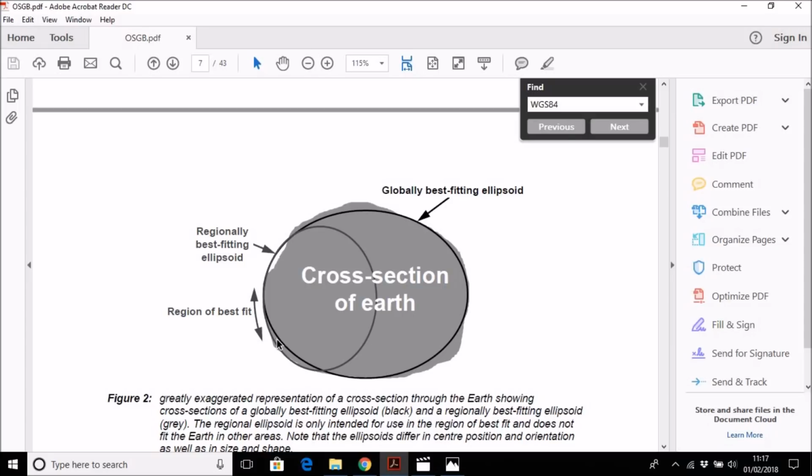Remember, what they're fitting to is the actual measurements made of the surface of the Earth. We're not building a shape and then trying to distort the actual measurements to fit onto it. It's the other way round. The measurements actually define the shape and the reference data criteria that are used.